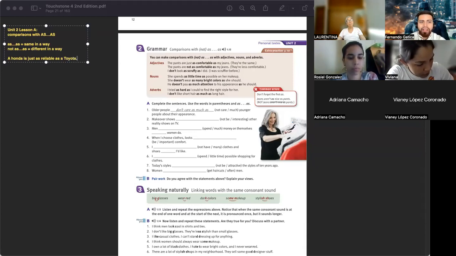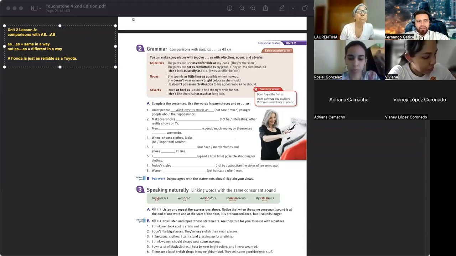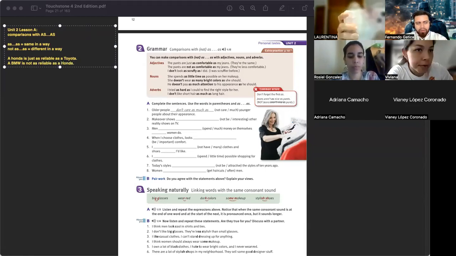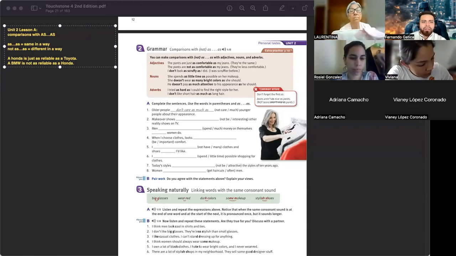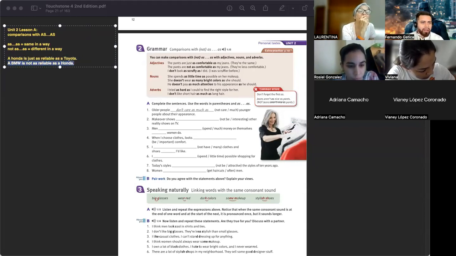Un Honda es igual de confiable que un Toyota. Okay. Now, let me give you a sentence that is negative. A BMW is not as reliable as a Honda. Un BMW no es tan confiable como un Honda. Okay. Here, the Honda and Toyota are the same. And here, the BMW and the Honda are not the same.